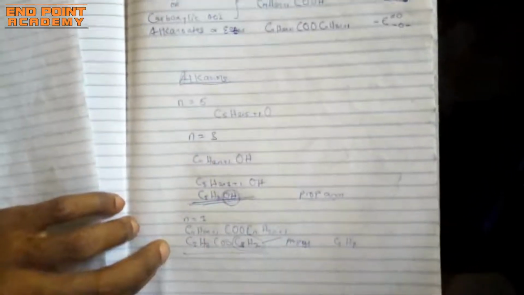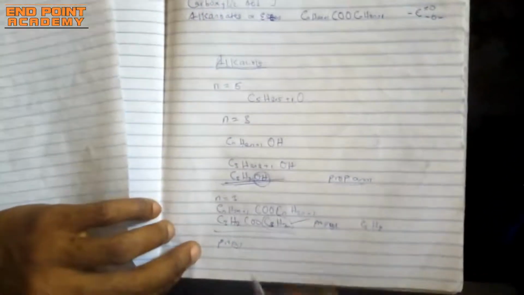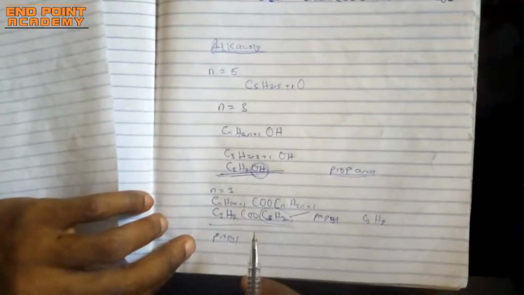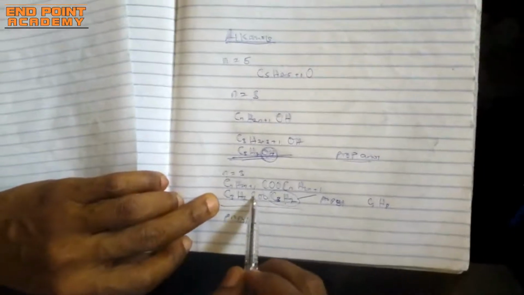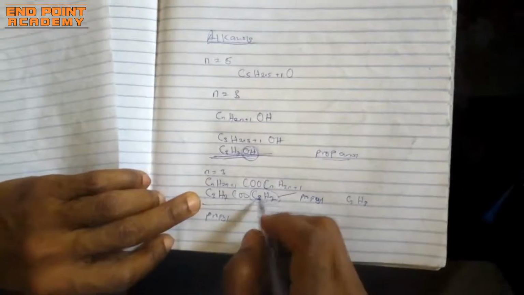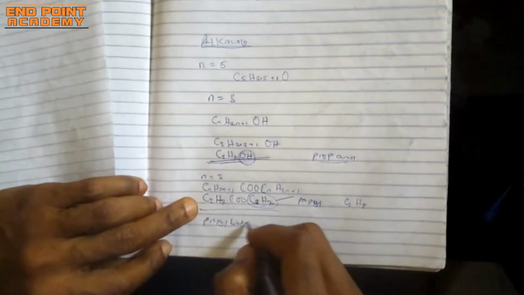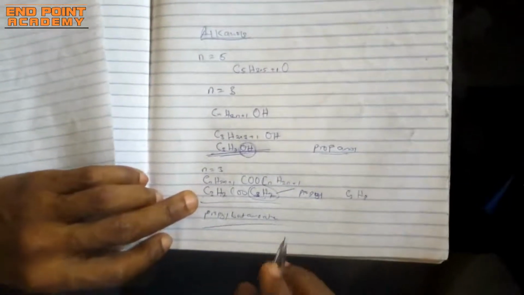So this compound is your propyl. Now, if you name this, how many carbon atoms are remaining? 4. 4 carbon atoms is butane, so we have propyl butanoate. It's easy, right? Sure.